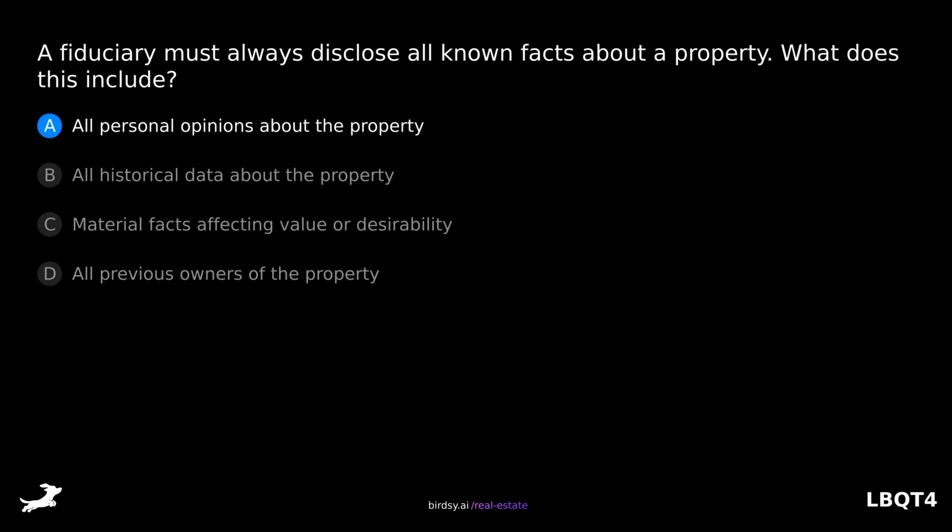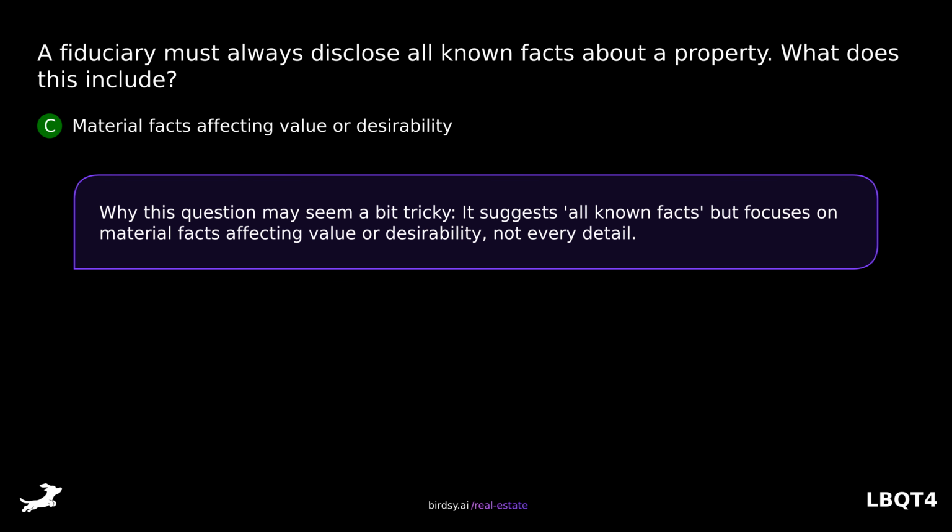Is it A, all personal opinions about the property, B, all historical data about the property, C, material facts affecting value or desirability, or D, all previous owners of the property? The answer is C, material facts affecting value or desirability. Why this question may seem a bit tricky. It suggests all known facts, but focuses on material facts affecting value or desirability, not every detail.